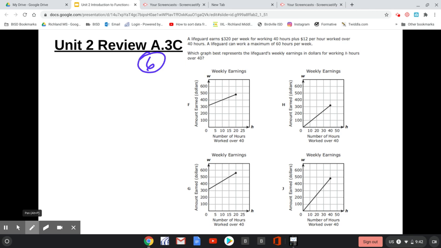Which graph best represents the lifeguard's weekly earnings in dollars for working H hours over 60? So we can see that our y-axis is our dollars, and our x-axis is the number of hours over 40.